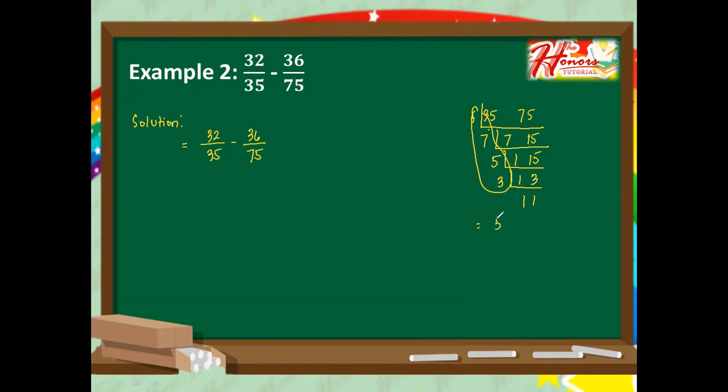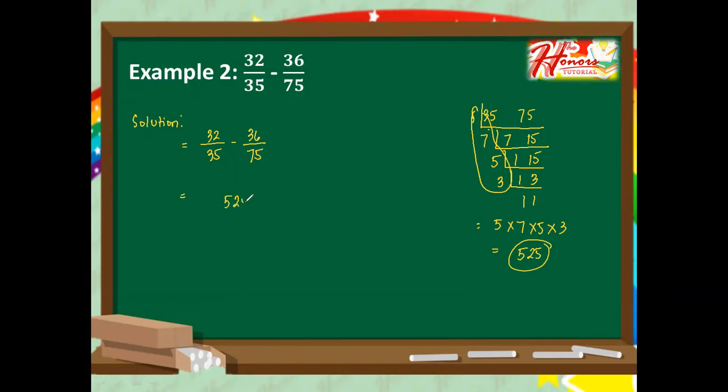So we have here 5 times 7 times 5 times 3, that is equal to 525. So this will be our LCD.